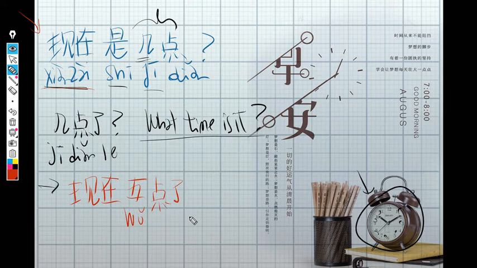So it is 5 p.m. So 点 means o'clock also. When it's right on the hour, you say 点了, which means it is just that hour, okay?